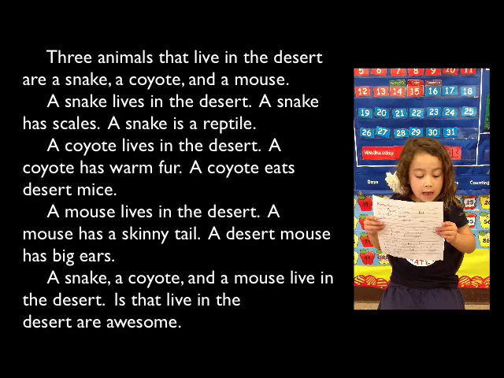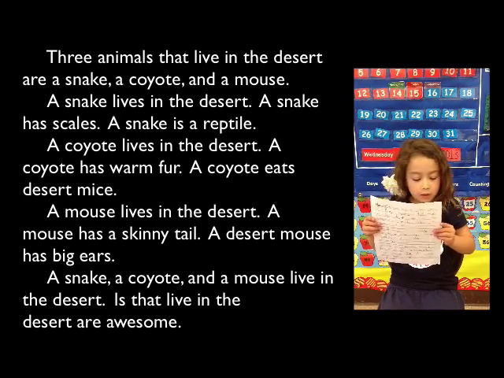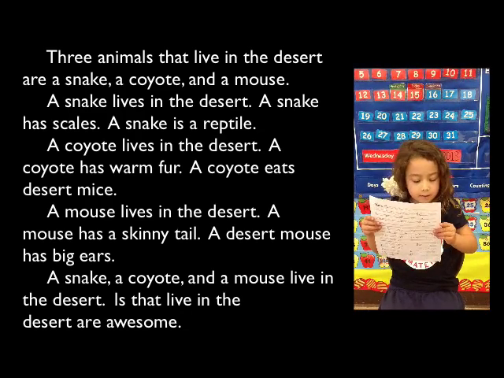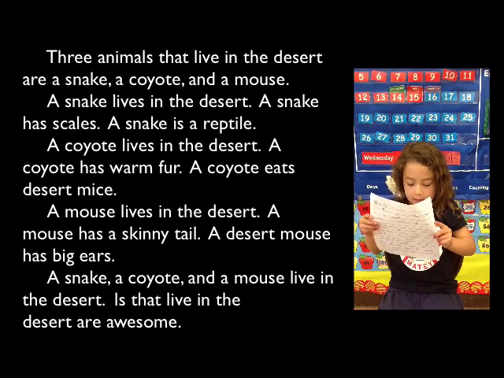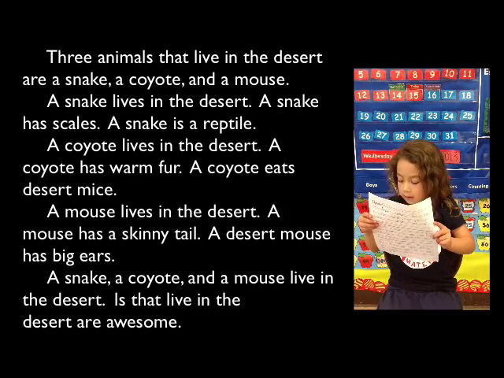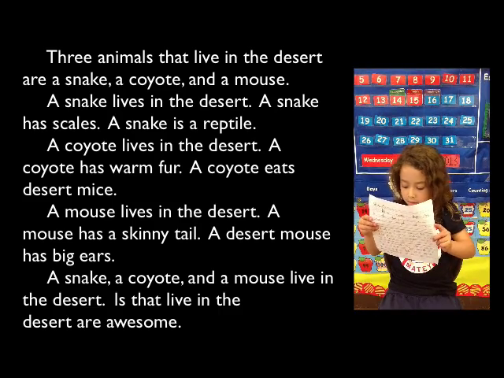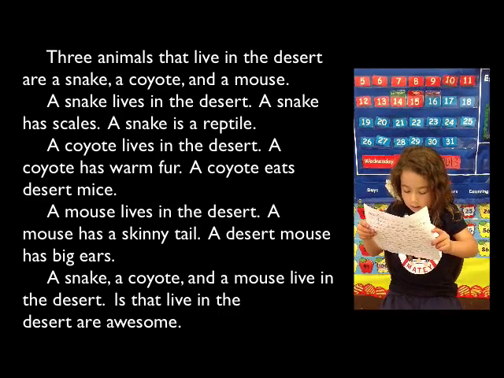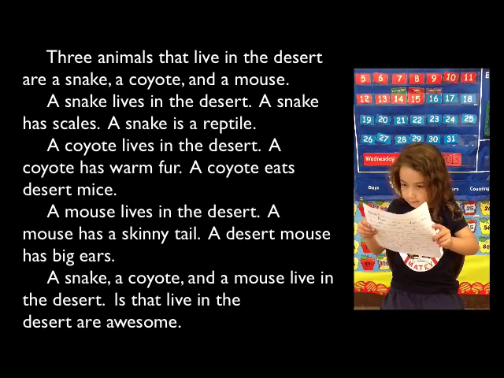A mouse has a skinny tail. A desert mouse has big ears. A snake, a coyote, and a mouse live in the desert. Animals that live in the desert are awesome.